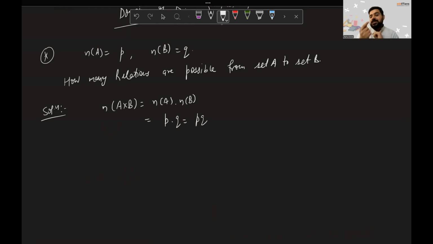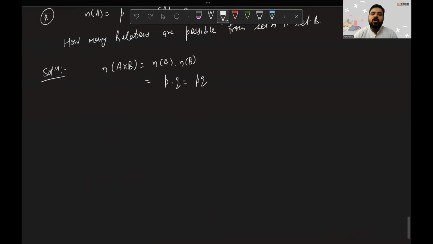If you remember what we discussed in sets, the number of subsets is 2 raised to the power n, where n is the number of elements, and here the number of elements is PQ. So 2 raised to the power PQ is the total number of subsets.